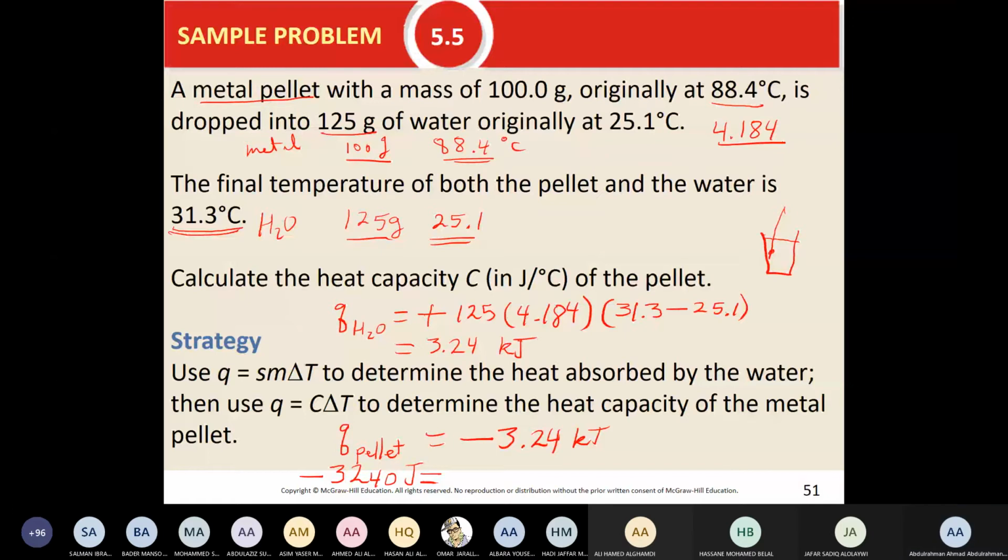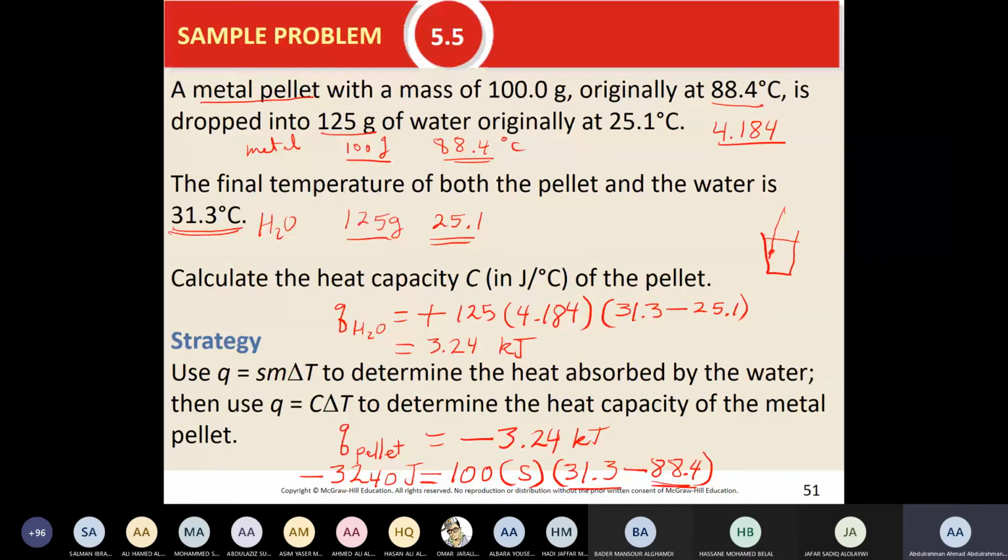Equal to 100 gram times specific heat of the billet, which I don't know, times the change in temperature: 31.3 minus 88.4. Because always the change in temperature, you start with the final minus the initial. And then this will be negative like this one.